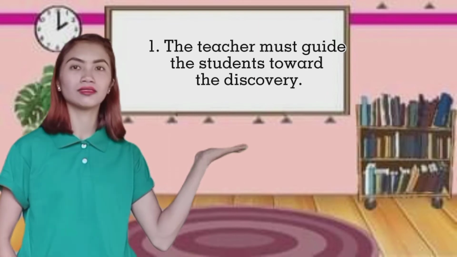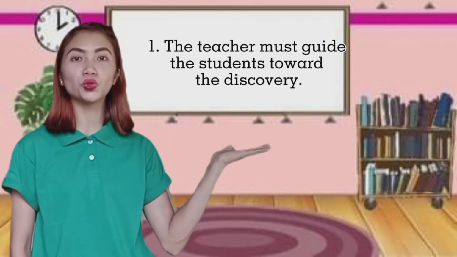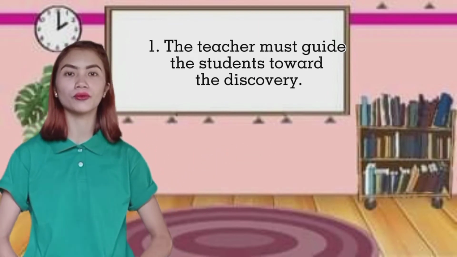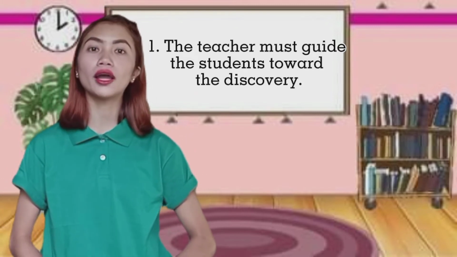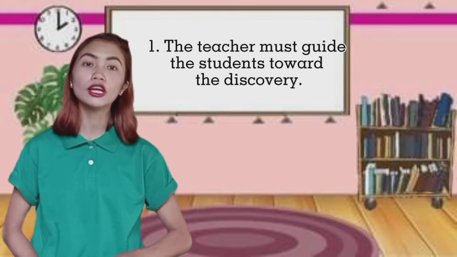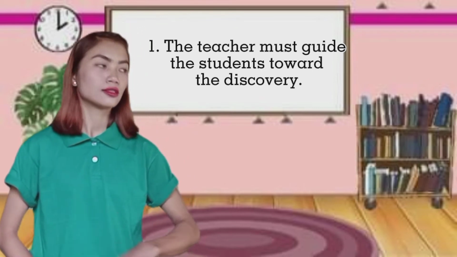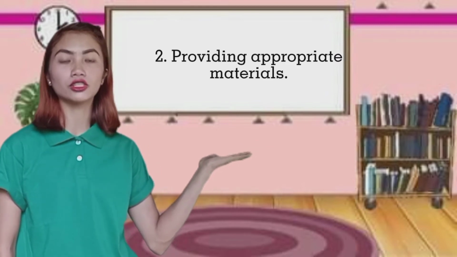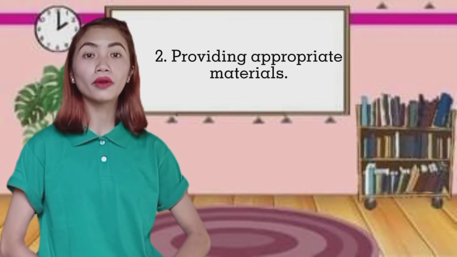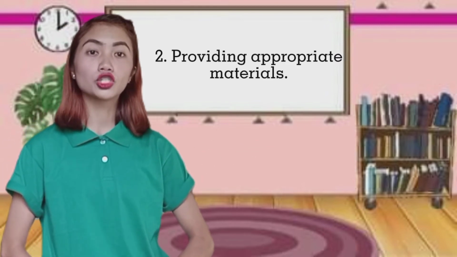The following are the things that a teacher must do in guided discovery. First, the teacher must guide students towards that discovery. So in short, it is our role as a teacher to guide our students in their discovery. Second, providing appropriate materials. So we must provide appropriate or suited materials for our students.